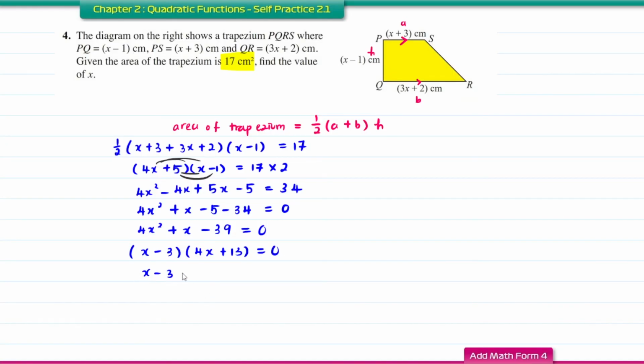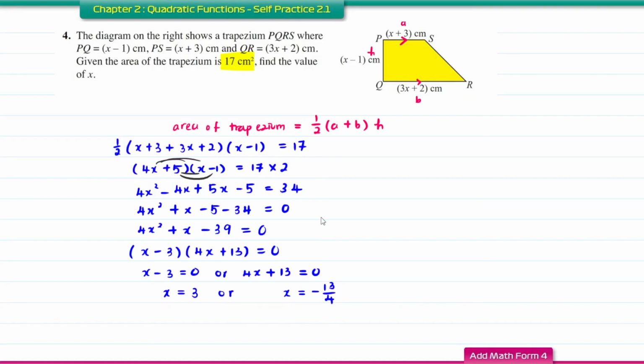Next, x minus 3 equal to 0, or 4x plus 13 equal to 0. So x is equal to 3, or x is equal to negative 13/4. Now I have two values of x, which is 3 or negative 13/4.